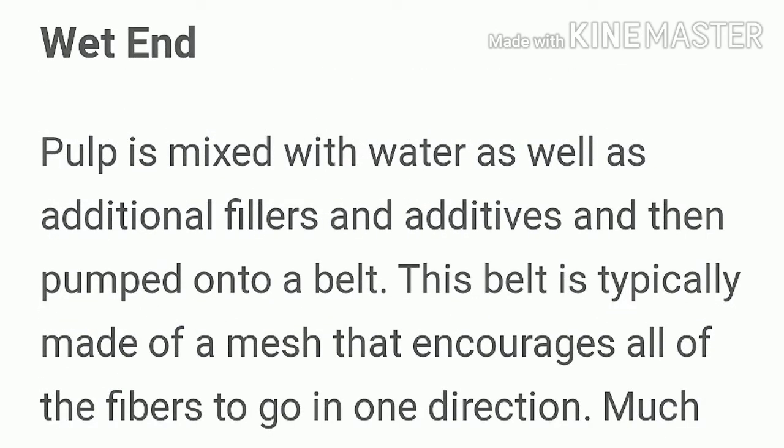Wet end. Pulp is mixed with water as well as additional fillers and additives and then pumped onto a belt. This belt is typically made up of a mesh that encourages all of the fibers to go in one direction.